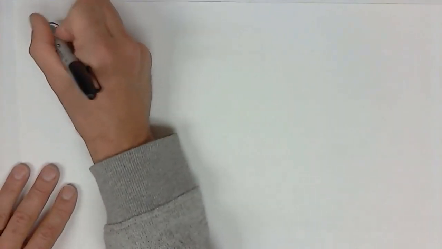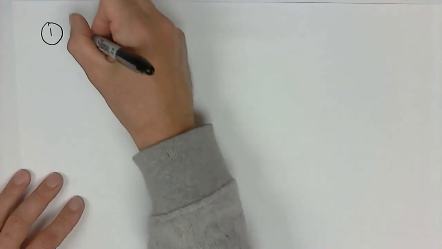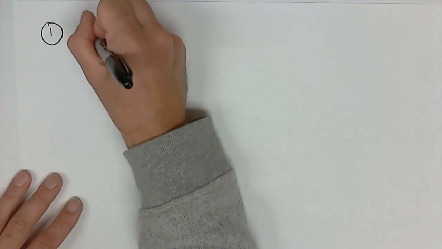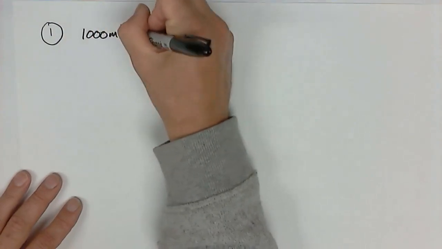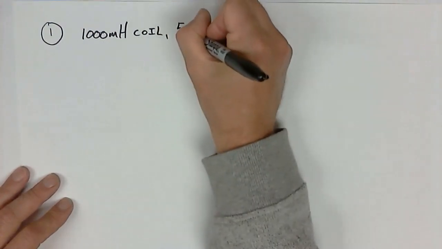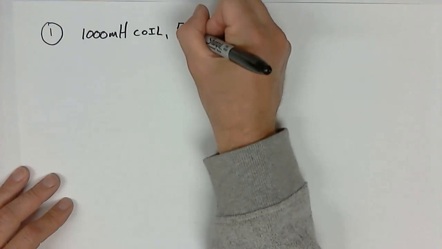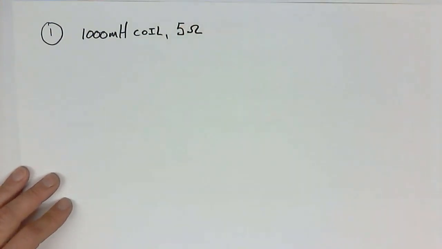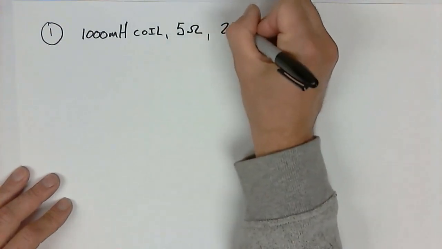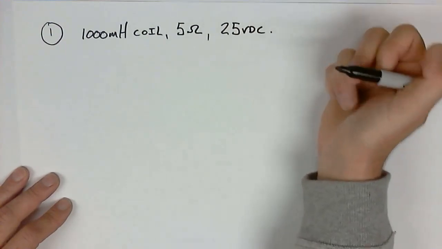All right, so let's look at an example where we have a DC circuit and we have a 1,000 millihenry coil, and it's going to be connected to a resistor of 5 ohms, and we're going to have a voltage source of 25 volts DC.